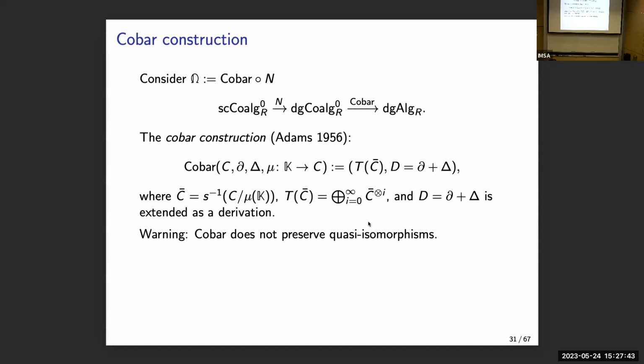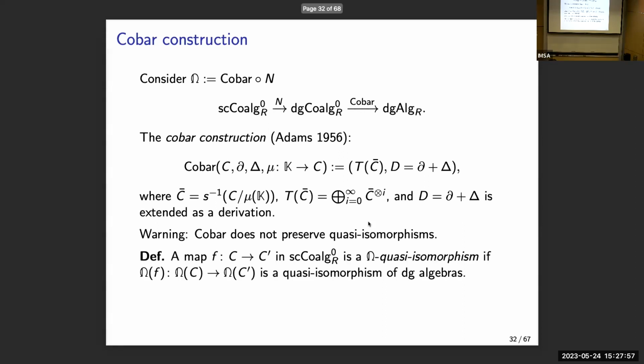See, I'm treating coalgebras as one category, considering this functor, and now I'm using this functor to create a notion of weak equivalence on this underlying category.